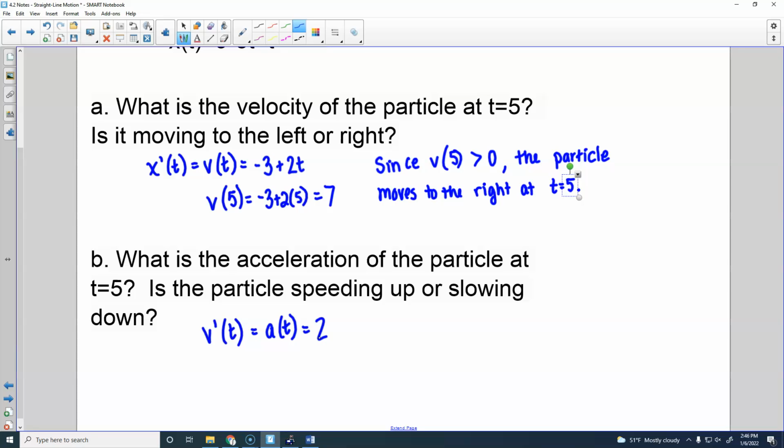Okay? So if velocity is negative, but your acceleration is positive, then you're actually slowing down.